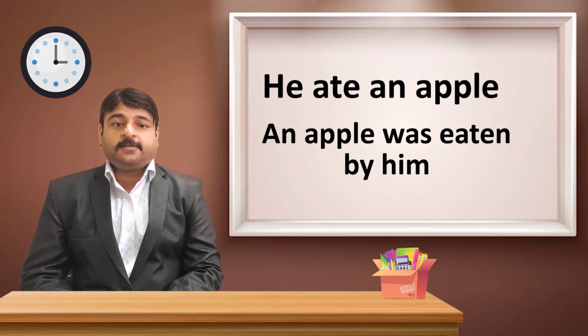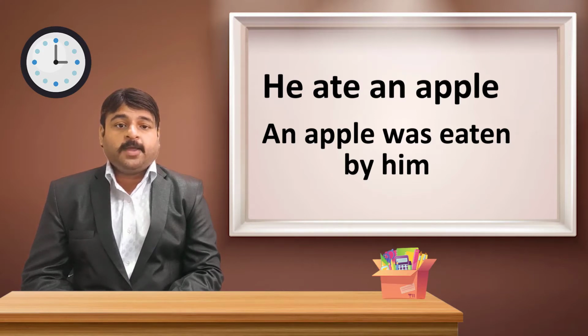In this sentence, the object, apple, comes towards the front, and the subject or the doer of the action, he, goes back. So he ate an apple becomes an apple was eaten by him. The subject of the sentence went backwards, or became inactive or passive.